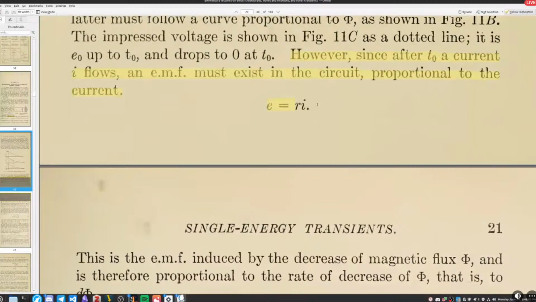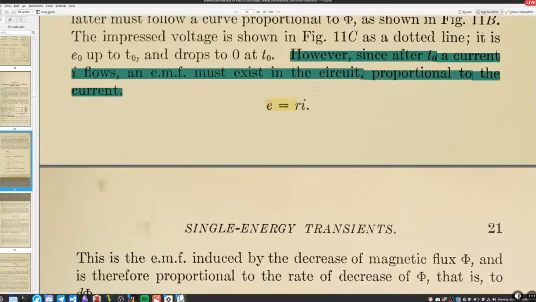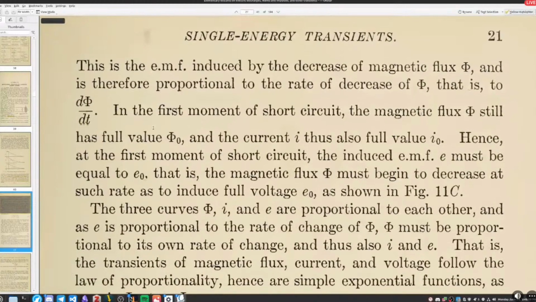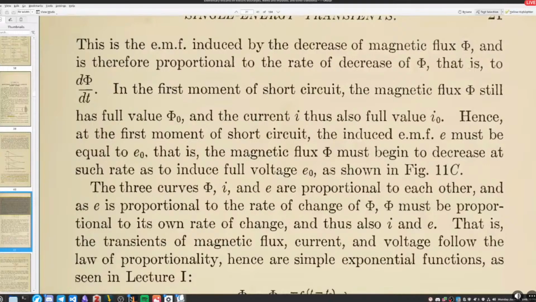In the first moment of short circuit, the magnetic flux phi still has full value phi naught, and the current thus also full value I naught. Hence, at the first moment of short circuit, the induced EMF E must be equal to E naught. That is, the magnetic flux phi must begin to decrease at such rate as to induce full voltage E naught, as shown in figure 11c.